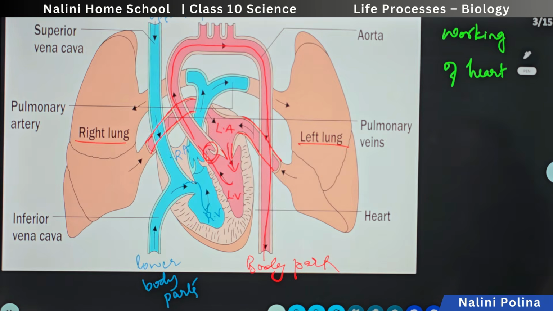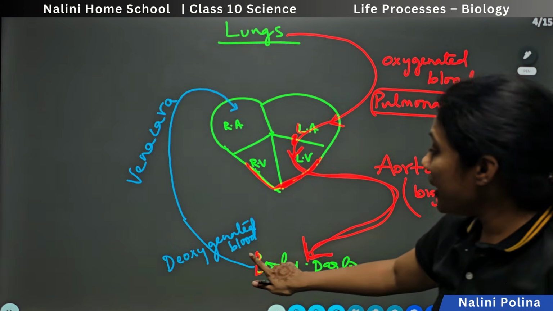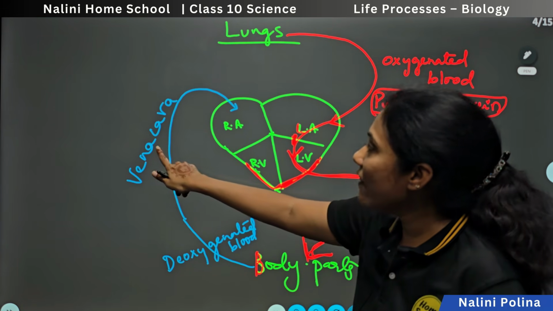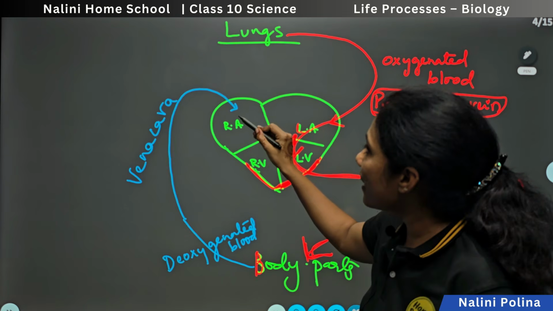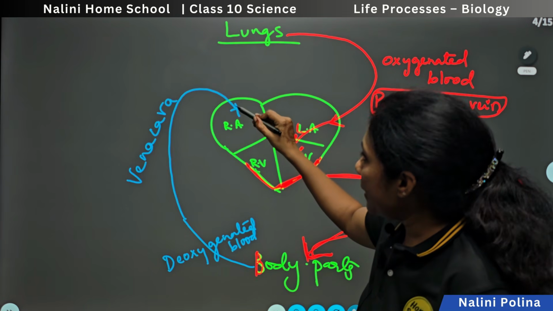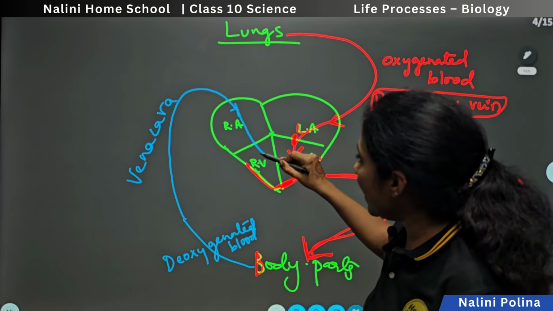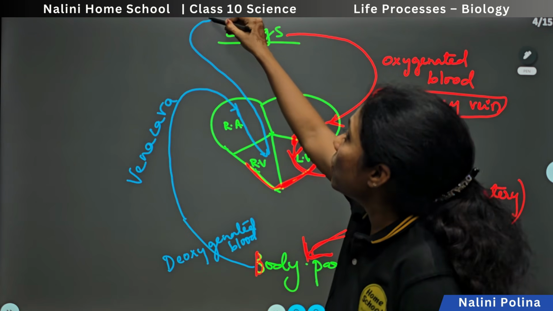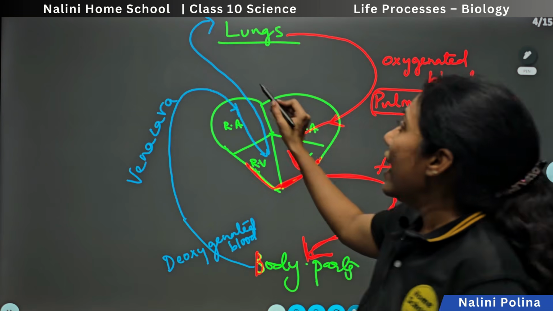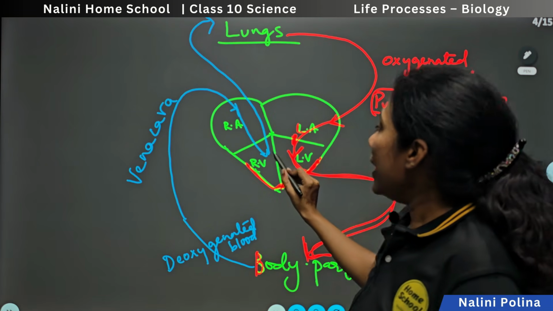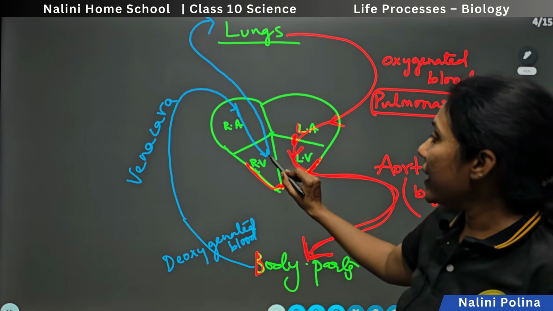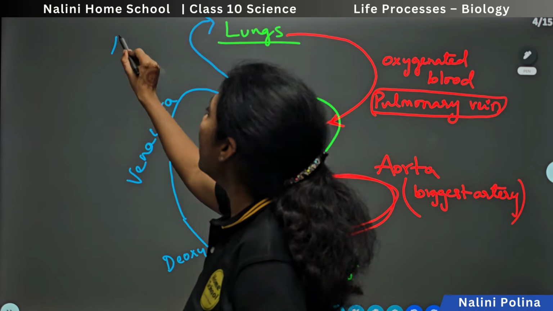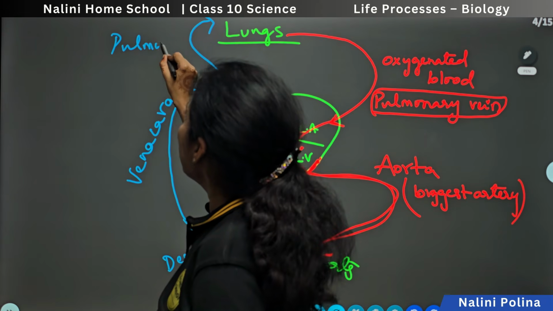Right? So guys, deoxygenated blood from all the body parts, from superior vena cava and inferior vena cava, is entering into the right atrium. From the right atrium it will enter the right ventricle. From the right ventricle it is going back to the lungs, and the pipe that carries deoxygenated blood from the right ventricle back to the lungs is called the pulmonary artery.